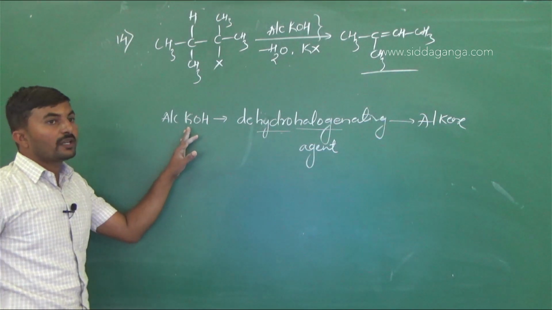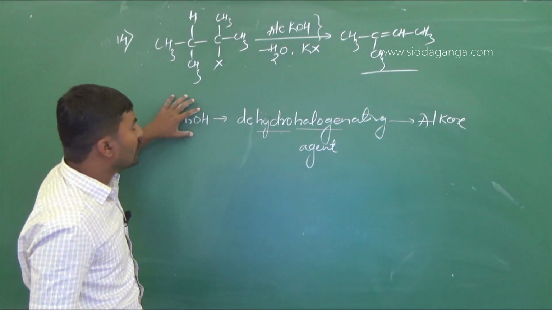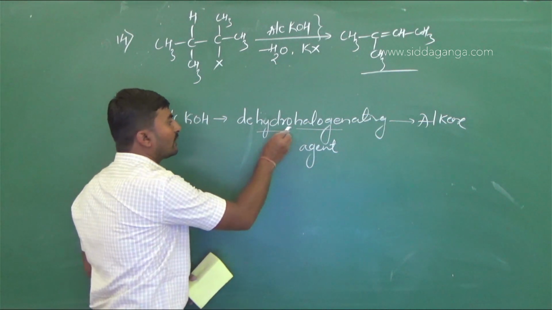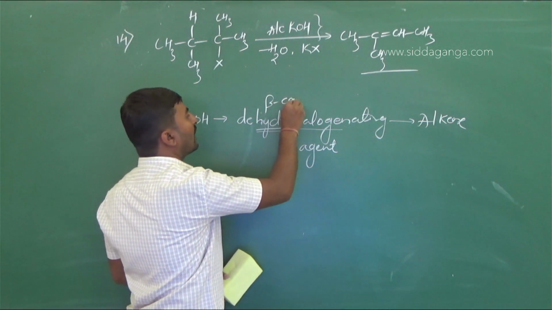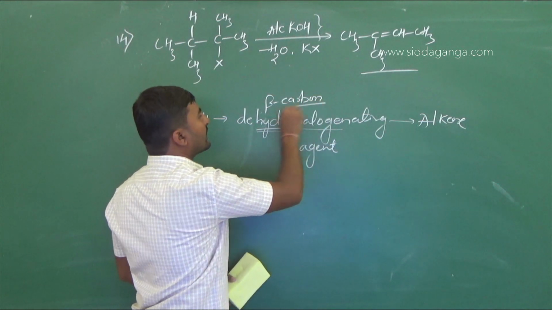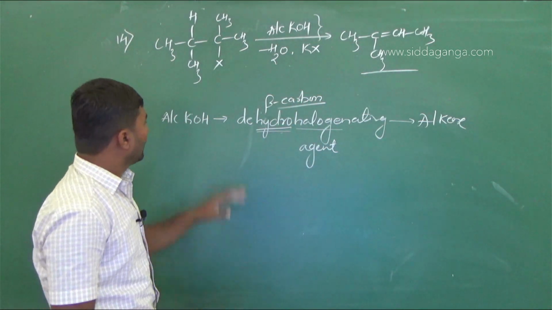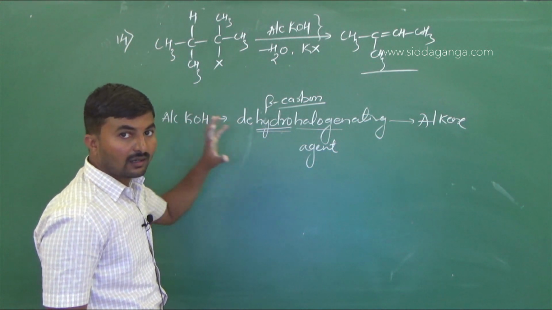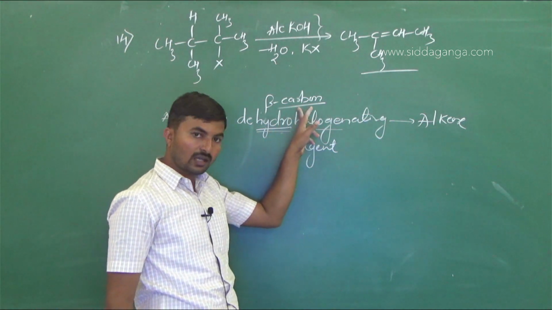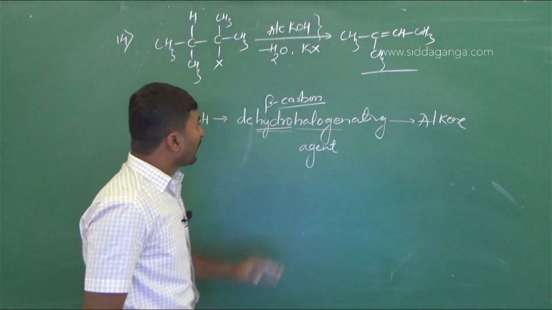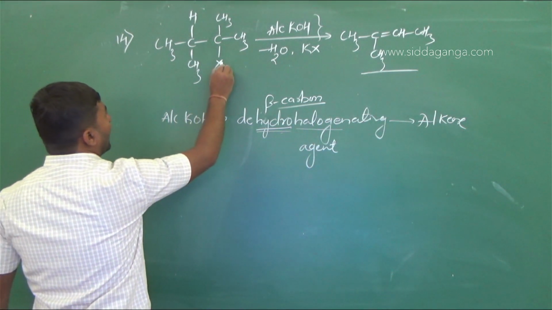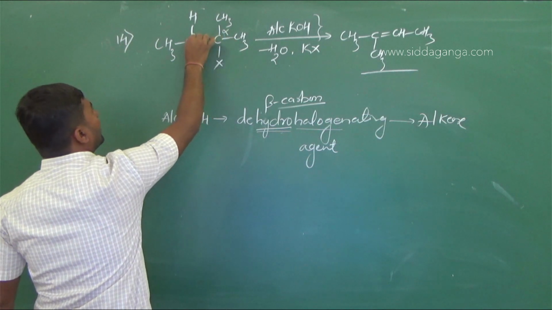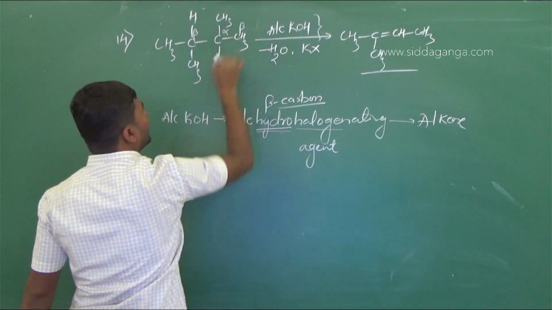So here, in this type of reaction, if we use alcoholic KOH, it removes the hydrogen from the beta carbon. That is the speciality of this reaction. Among this reaction, the halogen-bonded carbon is the alpha carbon and the next carbon is beta. This is also beta.